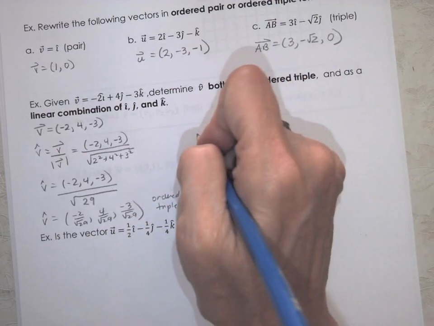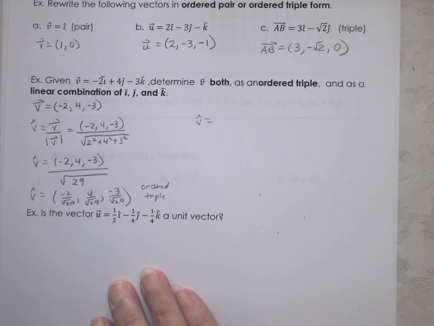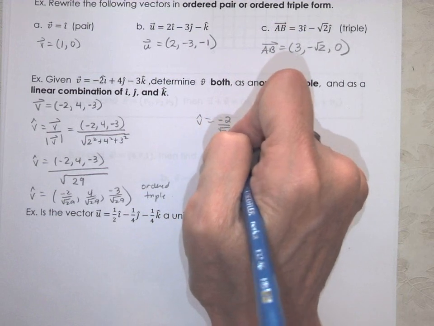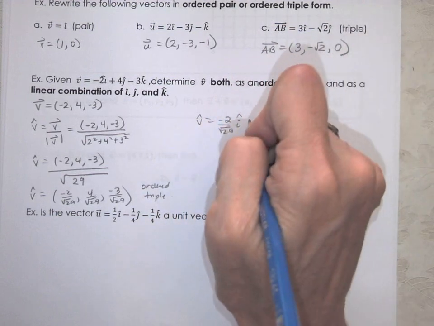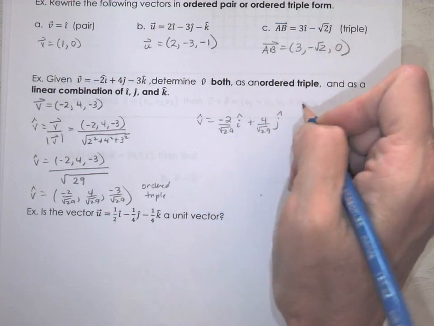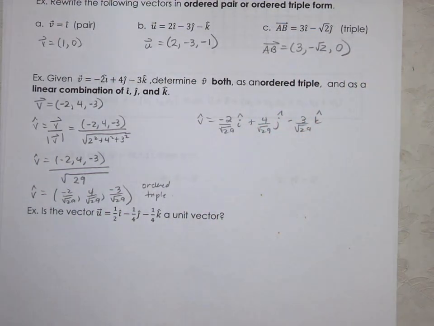And then we could also write it as a linear combination of i hat, j hat, and k hat. We could write it as negative 2 over root 29 i hat plus 4 over root 29 j hat minus 3 over root 29 k hat.